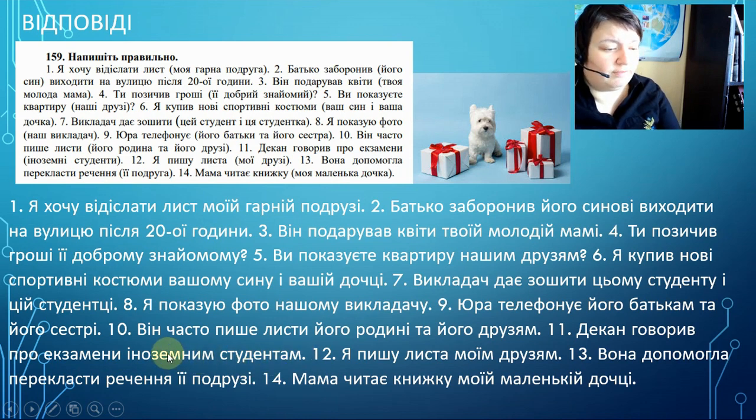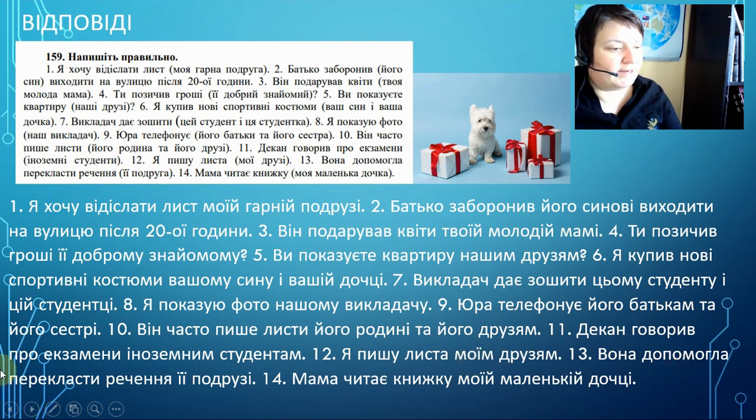Here we don't have a pronoun, I don't know why. In this exercise we don't have a pronoun, but we have a dative case of adjective and a noun. Іноземним студентам, foreign students. Я пишу листа моїм друзям. I'm writing a letter to my friends. So here again, plural, dative.